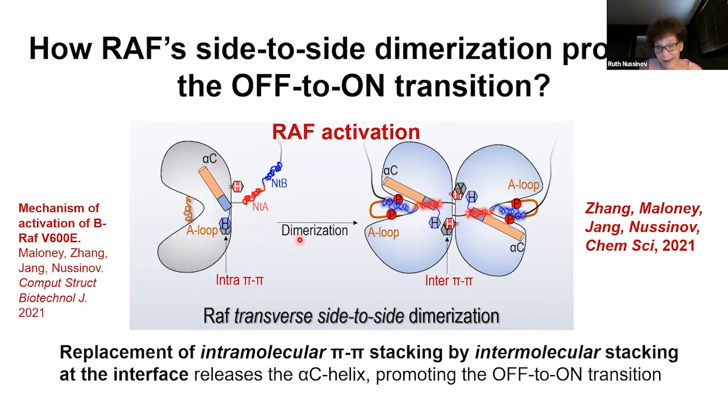This is replaced in dimerization by intermolecular pi-pi stacking at the interface, which releases the alpha helix at the C lobe of the kinase domain, which then promotes the off-to-on transition.